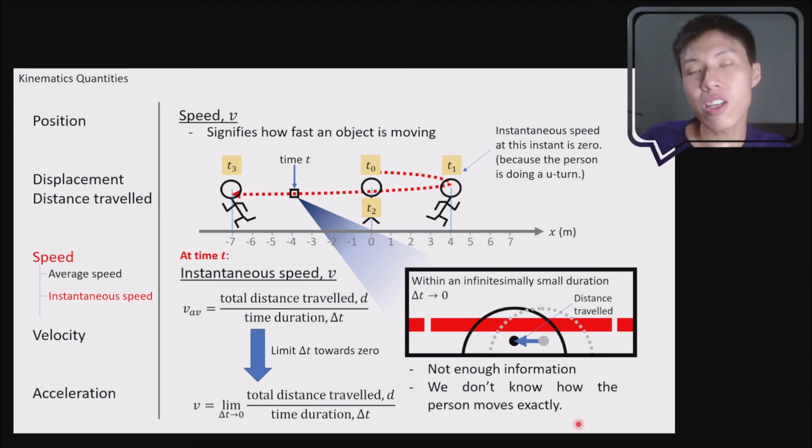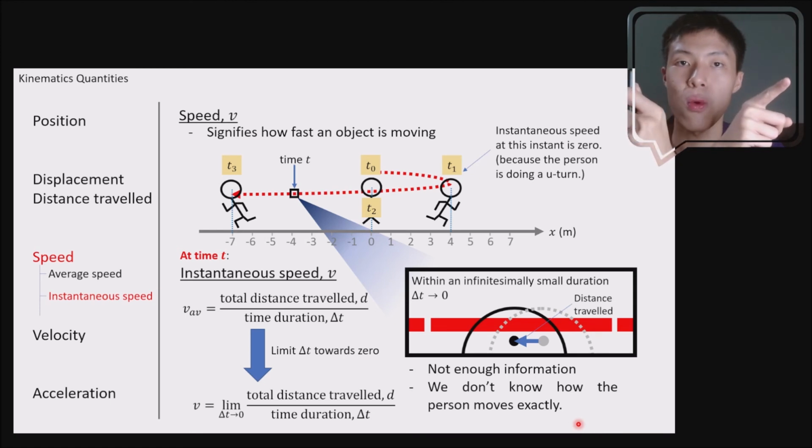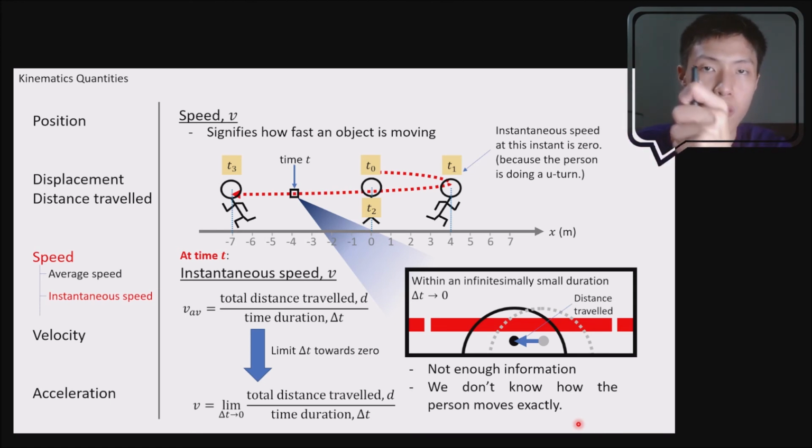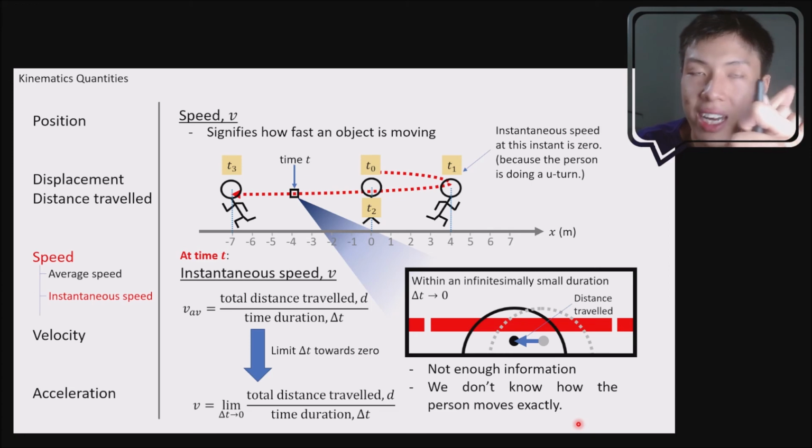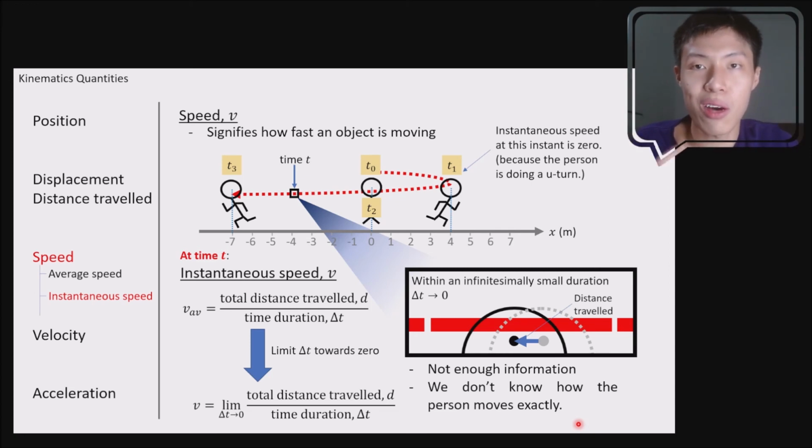Because for any object that makes a U-turn, if you follow my pen, you notice that it will have to stop at the position where it makes a U-turn. No matter how fast I move towards one direction, to make a U-turn I have to stop for a split second before I'm able to change direction. That's just how things move.